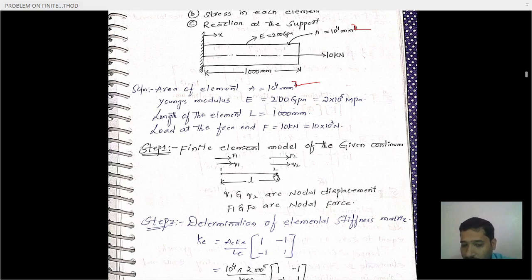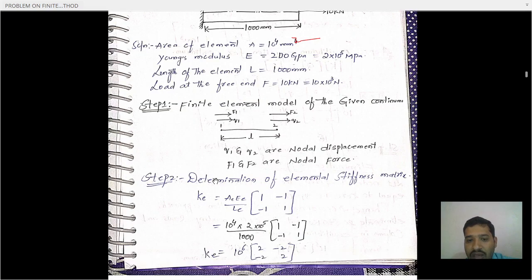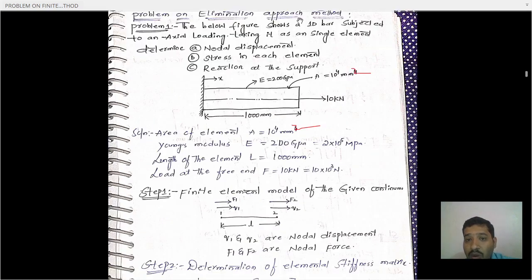Come to point 2. The nodal displacement q2 is acting at point 2, and the nodal force f2 is acting at point 2. Is it right? In this figure we are talking about a one-dimensional bar element. For a one-dimensional bar element, the displacement always acts in the x direction only, not in the y direction.